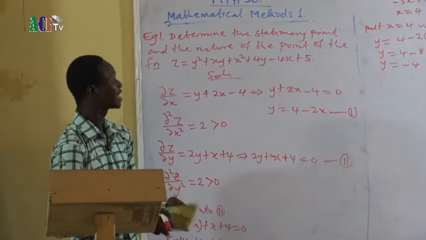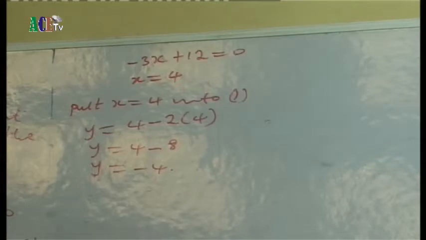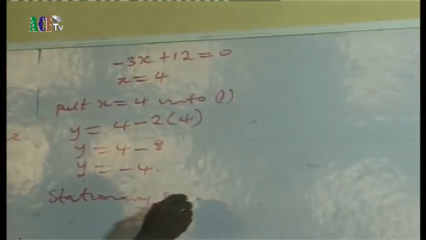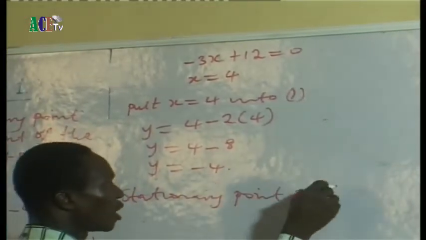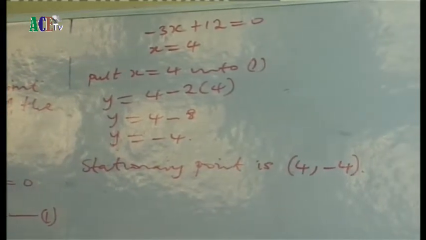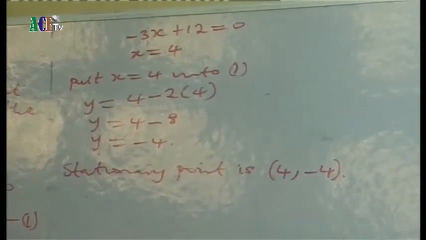It means the stationary point now is 4 comma minus 4. The stationary point is at the point (4, minus 4). That is the stationary point.